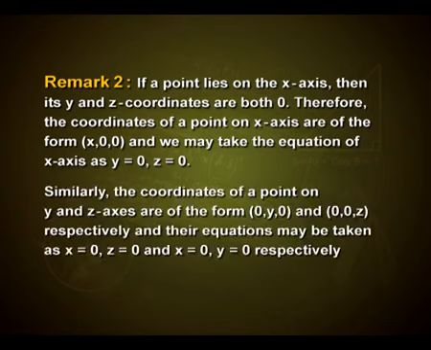Similarly, the coordinates of a point on the y and z axis are of the form (0, y, 0) and (0, 0, z) respectively, and their equations may be taken as x = 0, z = 0 and x = 0, y = 0 respectively.